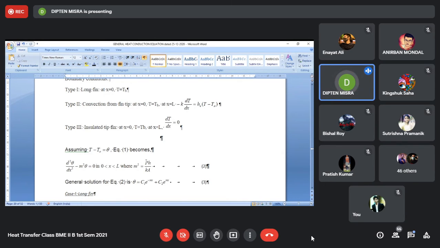Rest of the field we will consider a convection coefficient given by h, and at the fin tip we have taken a different convection coefficient, so that if we put h over here, h equal to 0, it will lead to the derivation for an insulated tip field, but still h will remain non-zero.